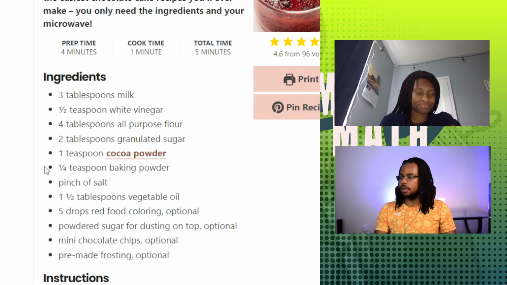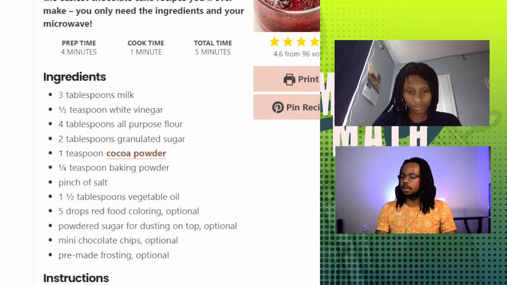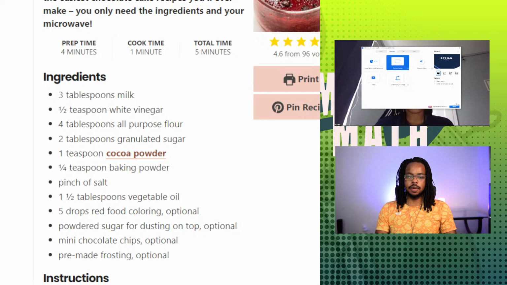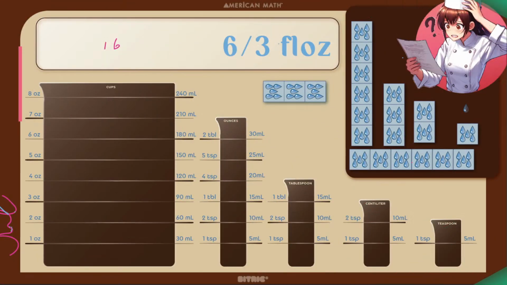All right, perfect. So 3 tablespoons of milk, that is 45 milliliters. Let's use the play space. And don't worry about converting this one into milliliters right now.